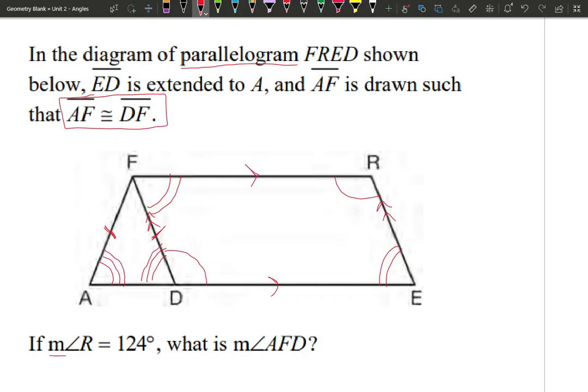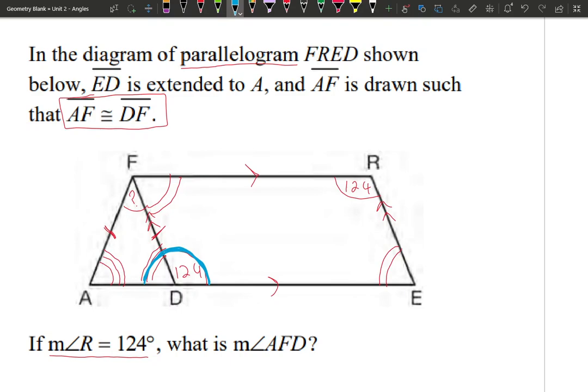If the measure of angle R is 124 degrees, so this is 124, which means that this is 124 because opposite angles are congruent in the parallelogram. What is the measure of angle AFD? AFD is this one up here. So if that's 124, now we know that two angles that form a straight angle must add up to 180.